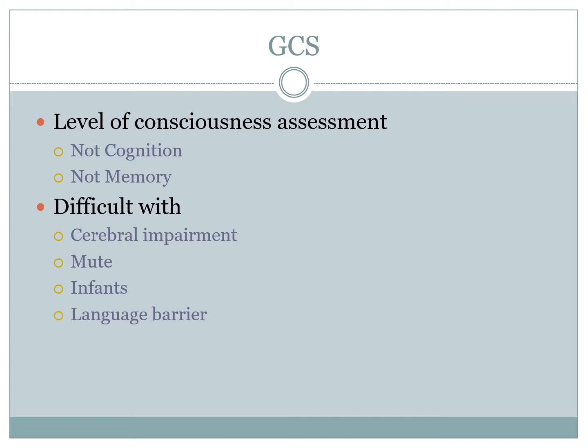Now obviously from that point in time, it's also been found really useful in emergent situations, or people that are in a medical emergency or a traumatic emergency, as a good way of demonstrating their patient status by means of level of consciousness.